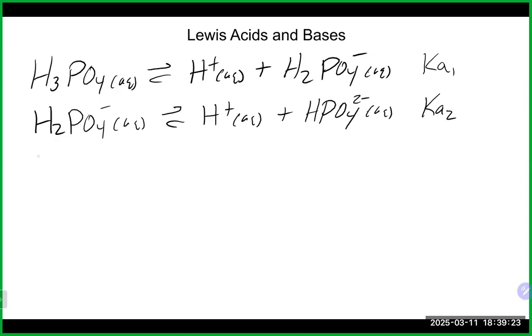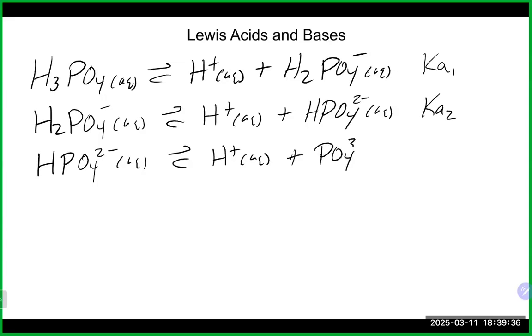And lastly, this guy that has already lost a couple of hydrogens will decide, why not give away the third one because it's free today. And we will make PO4 3 minus, and that would be our Ka3. So it is actually a stepwise dissociation or ionization of this acid. It will release each of those hydrogens one at a time.